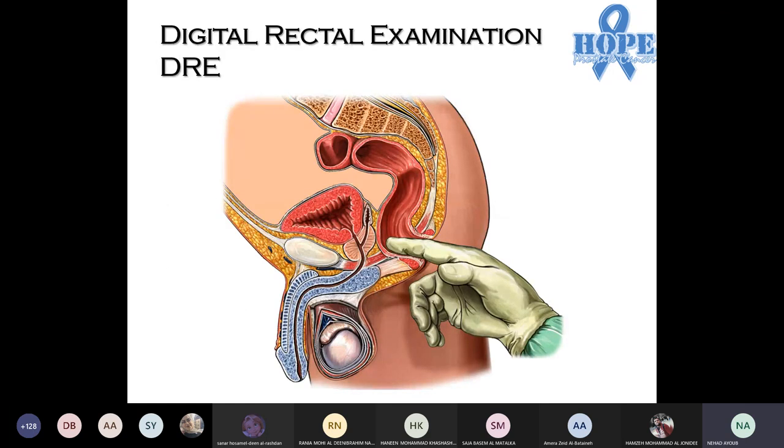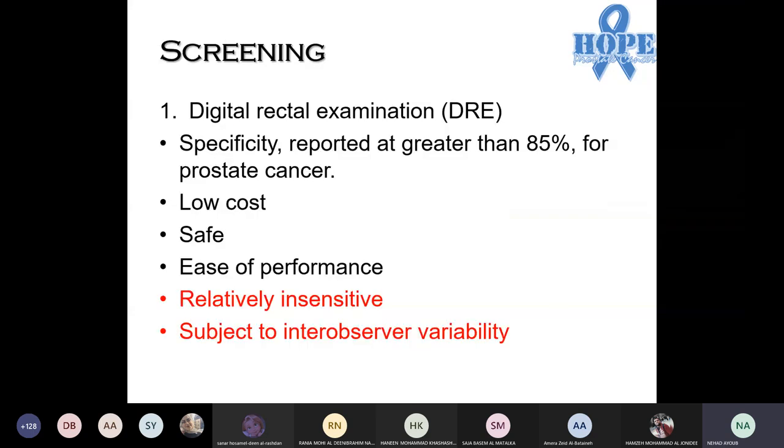It is preferable that if patients are doing the digital rectal examination, they always do it with the same observer to minimize the variability. So there is a baseline observation, and then you go again for another screening with the same physician. Therefore the probability of variability from one physician to the other is minimized.